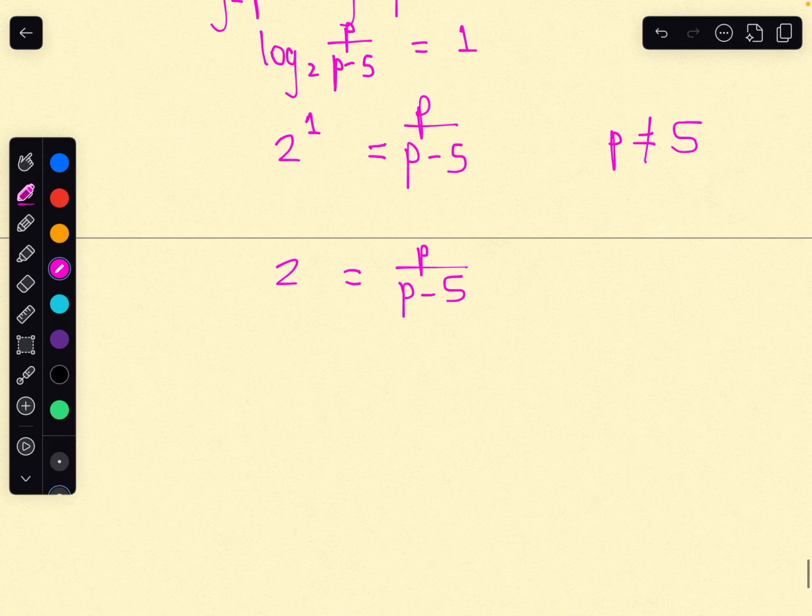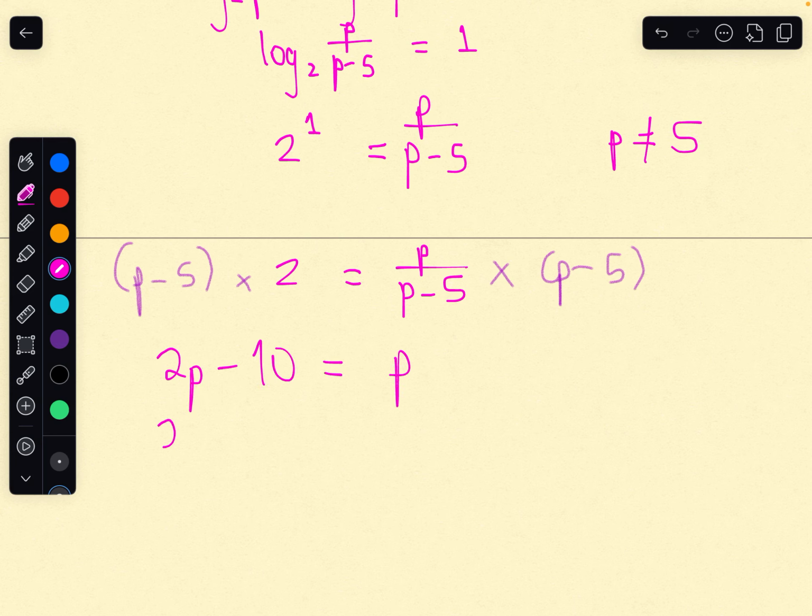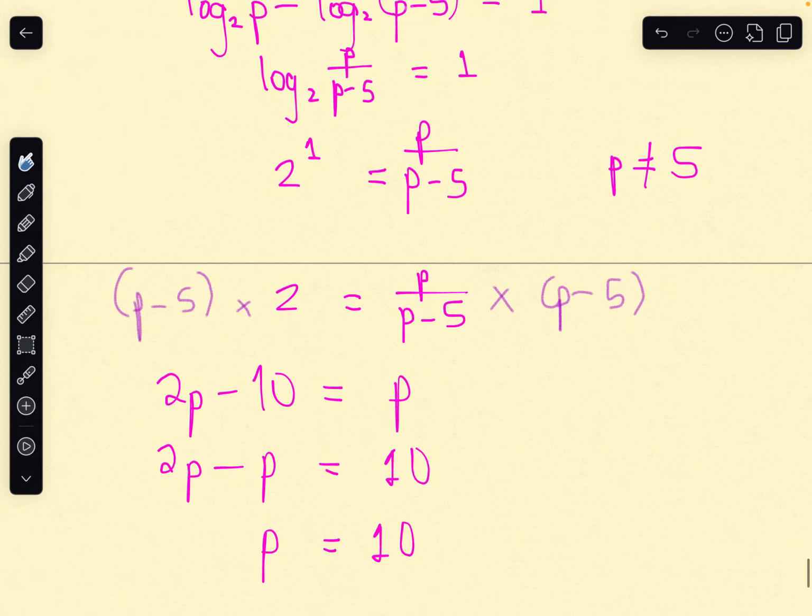Right. So to solve this, we can times both sides by P minus 5. Right. So we have 2P minus 10 is equal to P. 2P minus P is equal to 10. And so P is equal to 10.